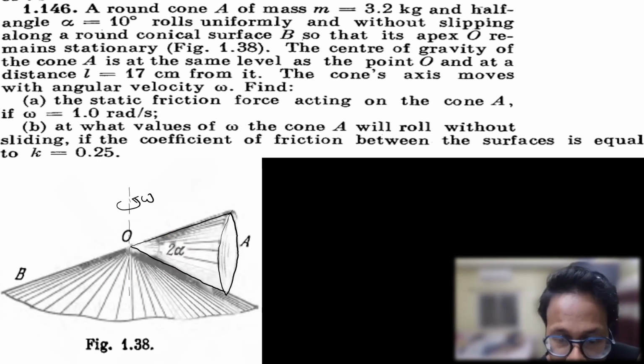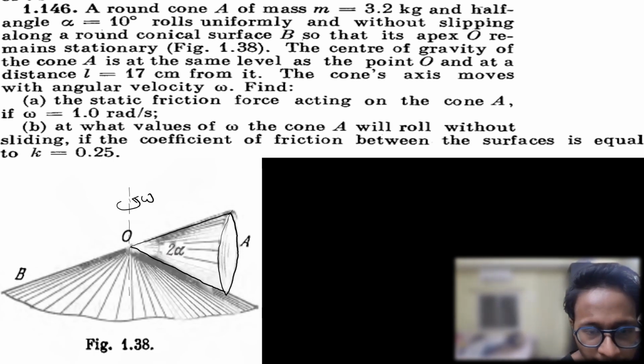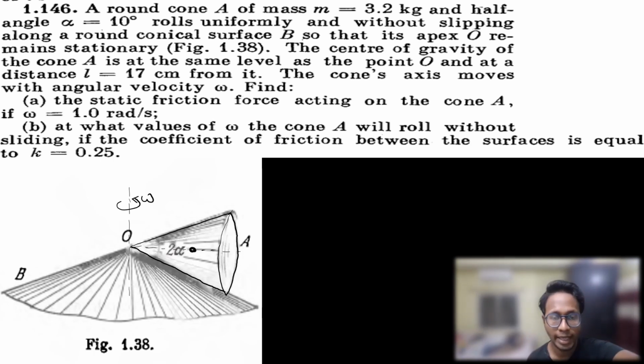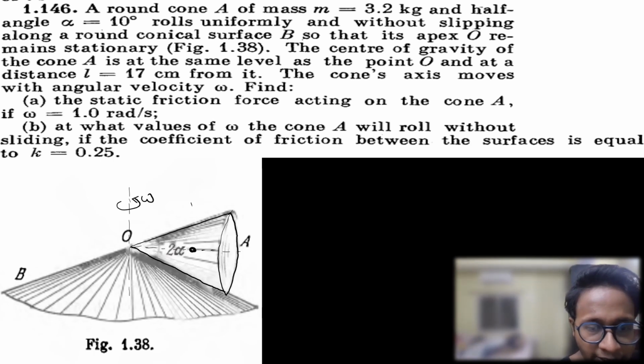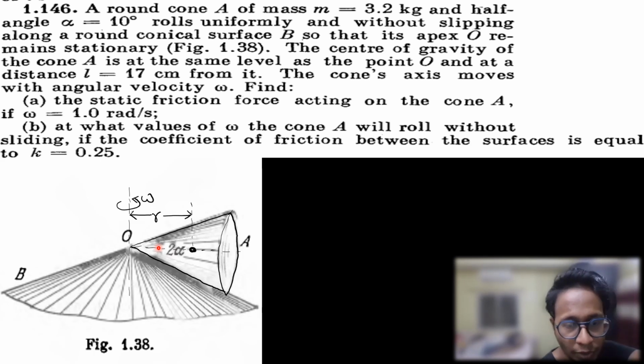Given that the center of mass of the cone is somewhere around here, and this center of mass is given by 17 centimeters. Instead of using 17 centimeters, I'll use R. The angle of the cone is given as 2 alpha. So what will be the half angle? The half angle would be alpha.